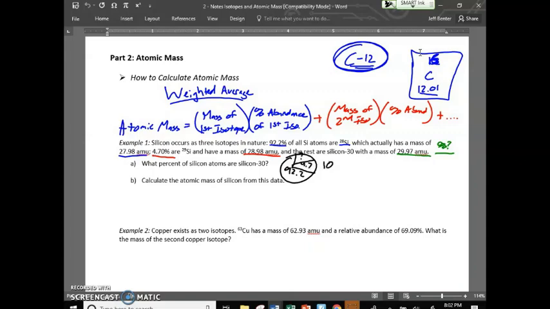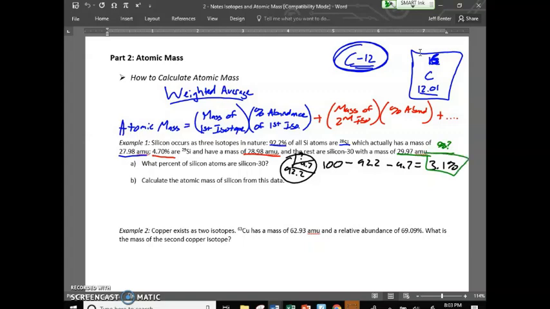Well, you just subtract it from 100, and that's how you figure out what's missing. So 100% minus 92.2 minus 4.7 will give you the missing one of 3.1%, right? Okay. And so we'll put that in green right there then.